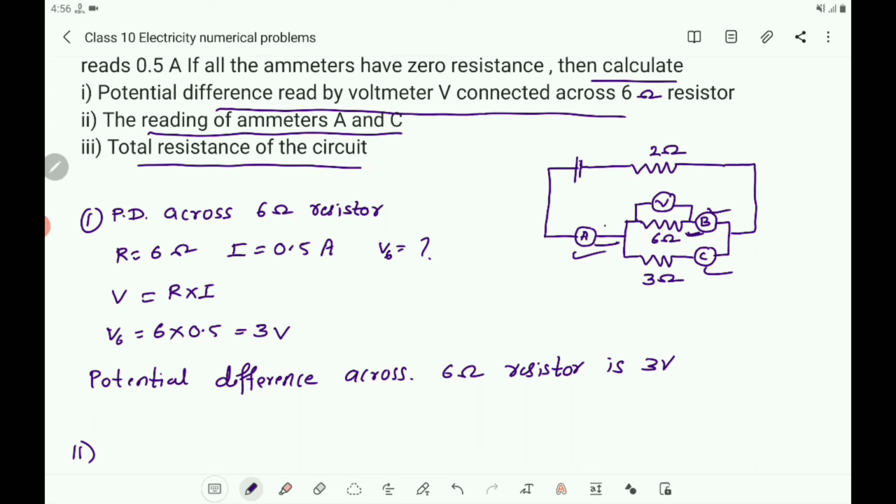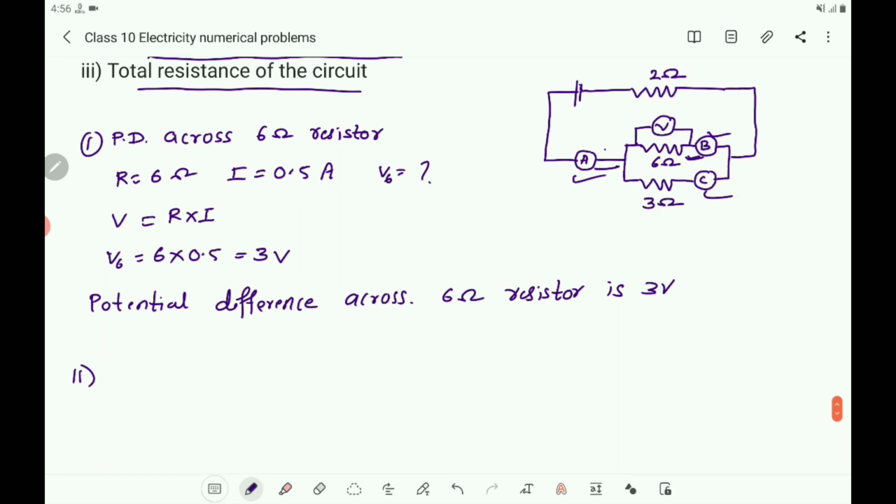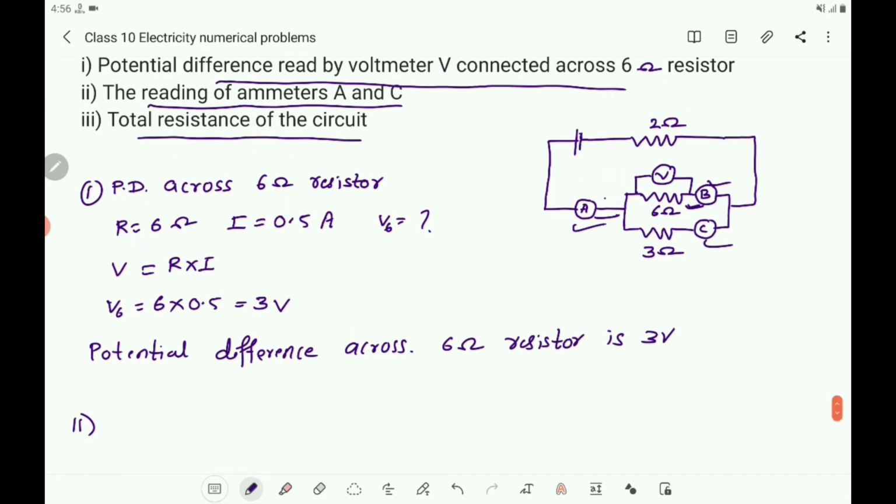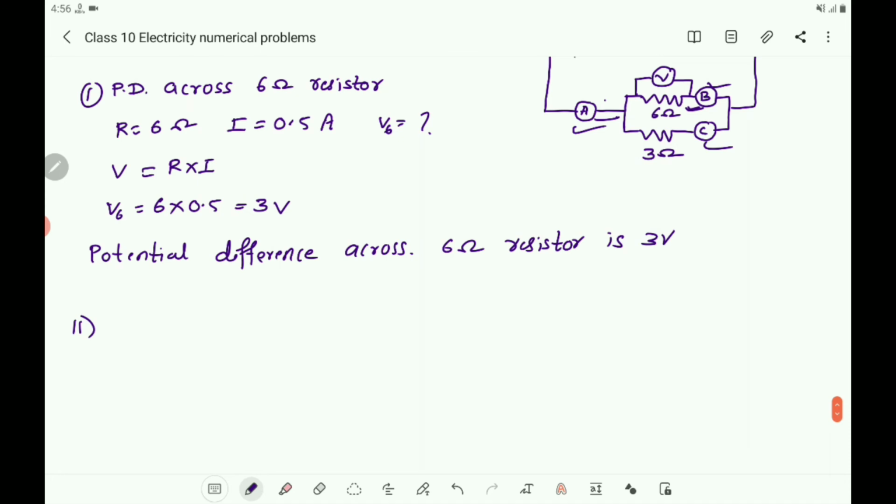Here V3, we have to find the reading of emitters A and C.